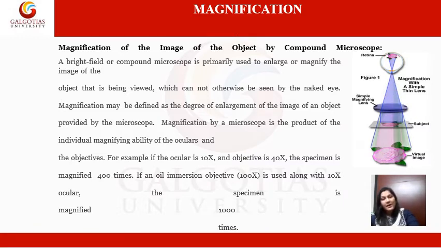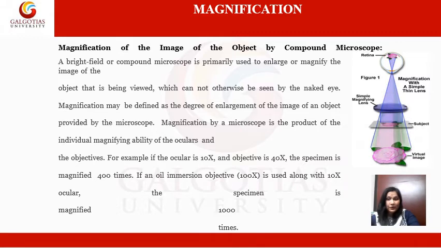So now coming to the magnification of the image by compound microscope. A bright field or compound microscope is primarily used to enlarge or magnify the image of the object that is being viewed, which cannot otherwise be seen by the naked eye. Magnification may be defined as the degree of enlargement of image of an object provided by the microscope.